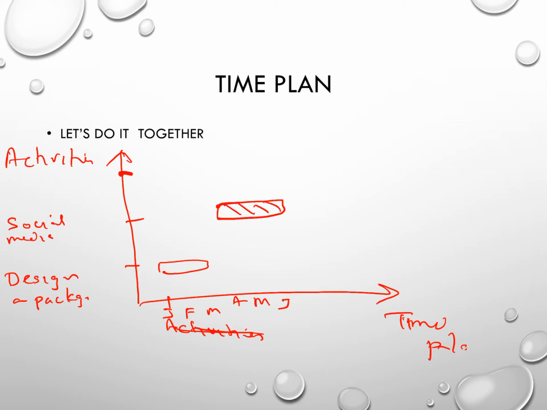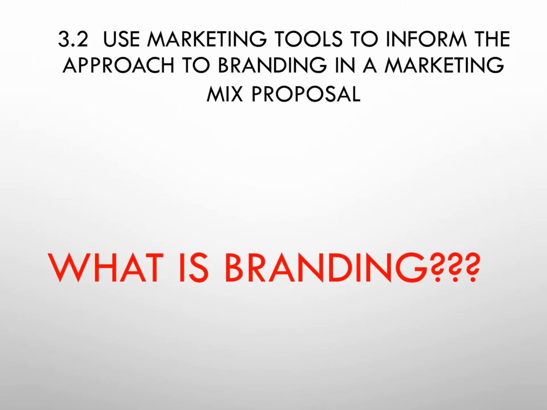I'm going to run newspaper advertisements in July, August, September. So this is a simple time plan activity which you can develop for the promotional activity. So these are the main three areas which you need to look at under resource requirement.